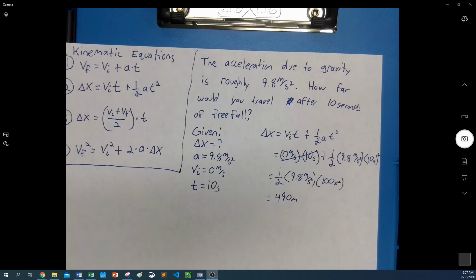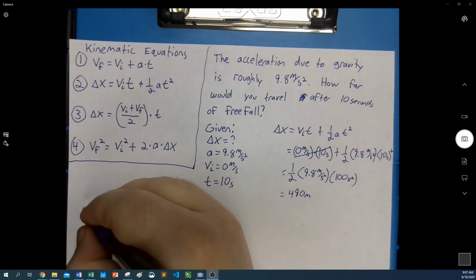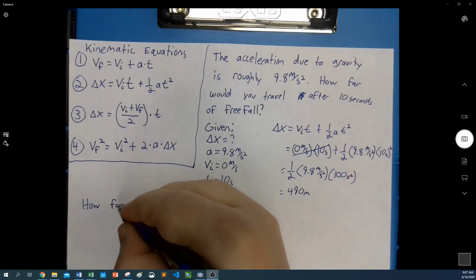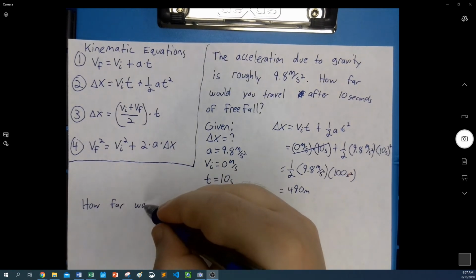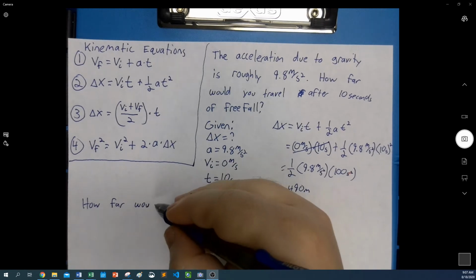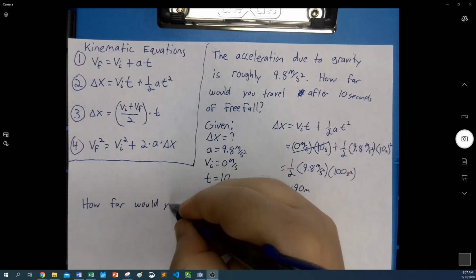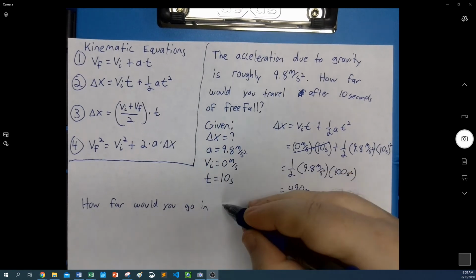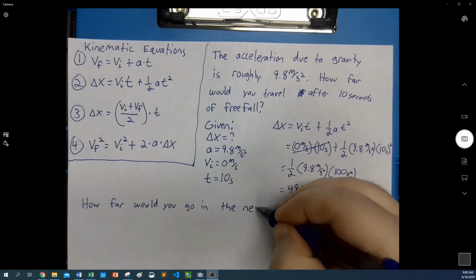Let's reword it. How far would you go in 20 seconds? All right, let's reword it. How far would you go in the next 10 seconds?